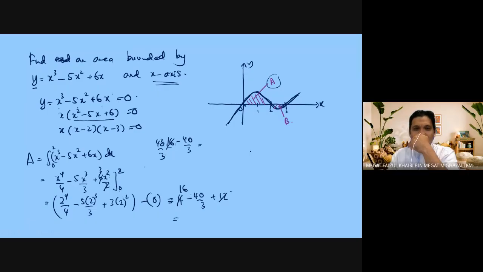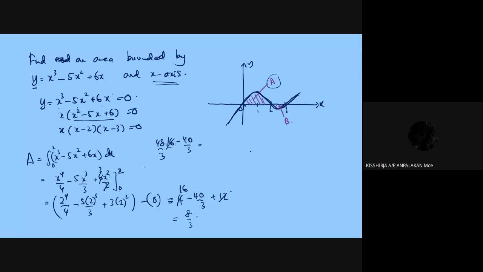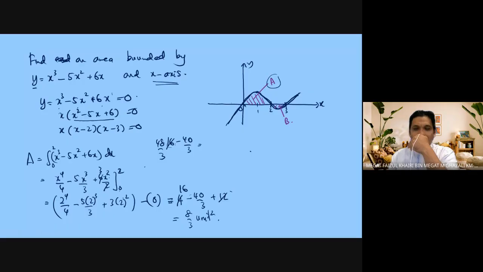So 48 over 3 minus 40 over 3, then we get 8 over 3 unit square. Okay, this is the area of A.